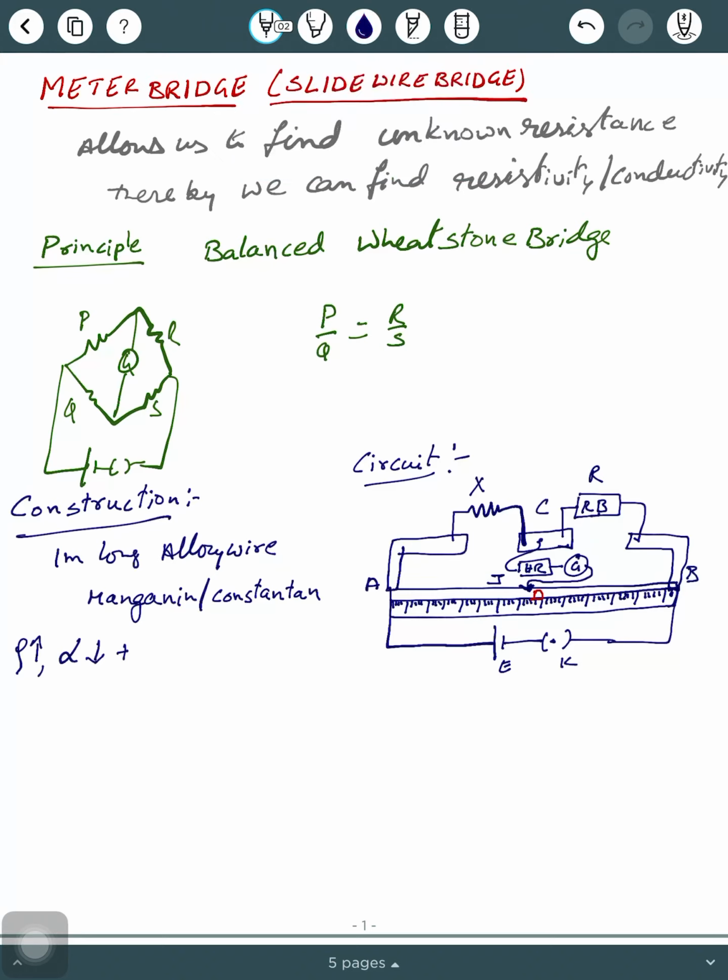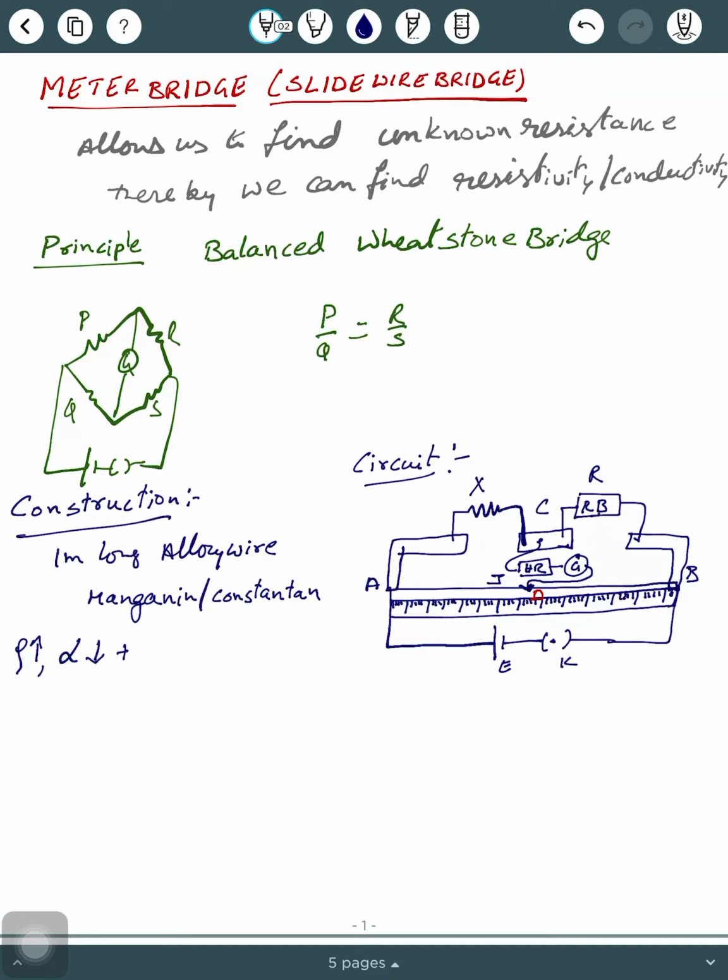One more time, if you see the construction, what does it have? It has a 1 meter long alloy wire made of manganese or constantan. We use these wires because of their high resistivity and low positive temperature coefficient of resistivity. Then this wire is fixed to the two thick metallic strips with two gaps.